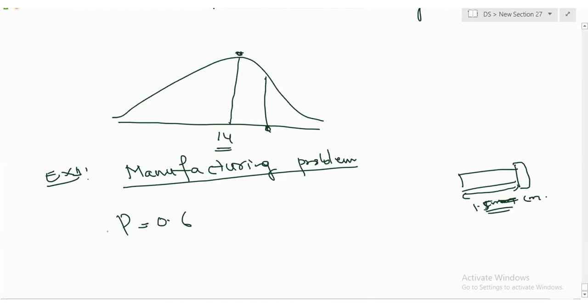Now, tomorrow I'm going to produce 10 bolts. The question is like this. Let's say Srikanth is a manufacturer of the bolts. I'm from, let's say, some ISRO.